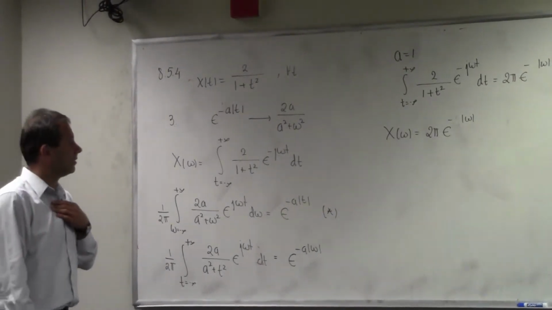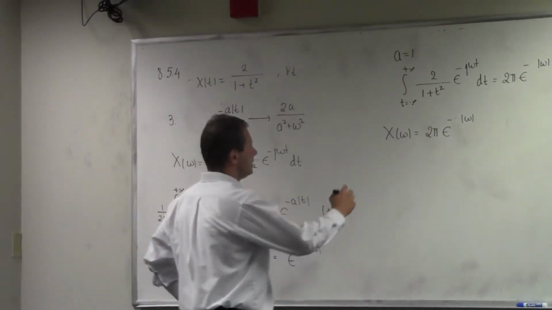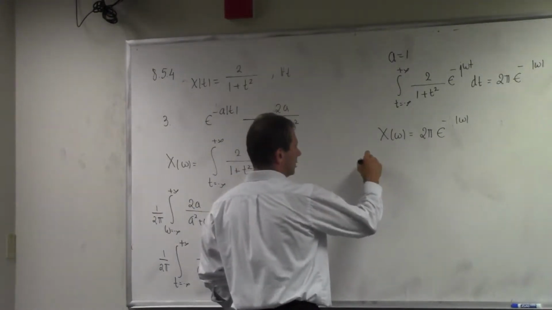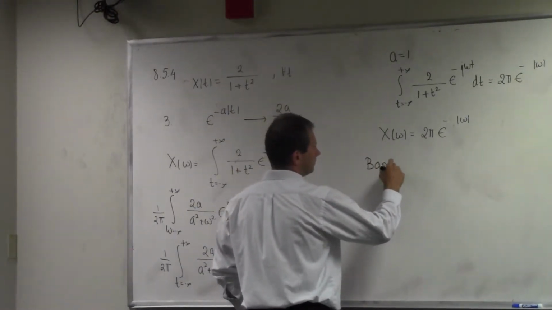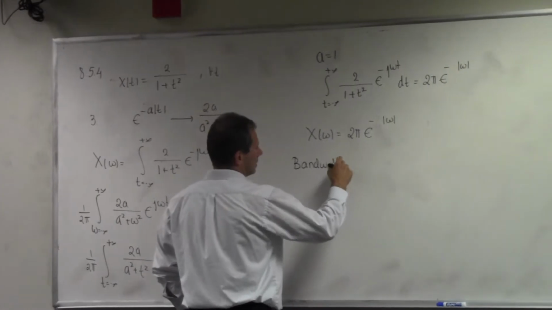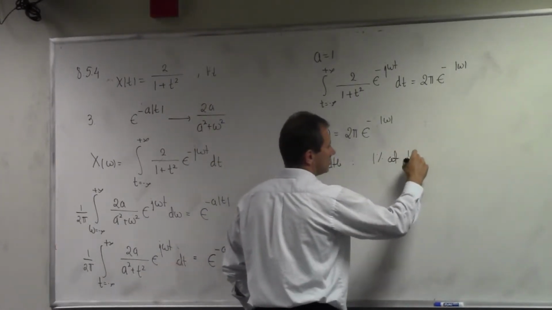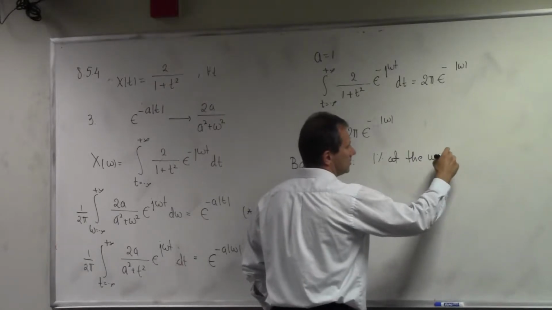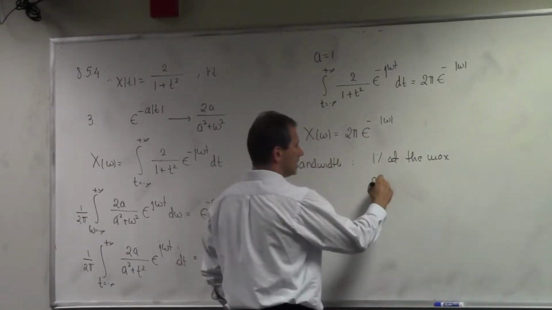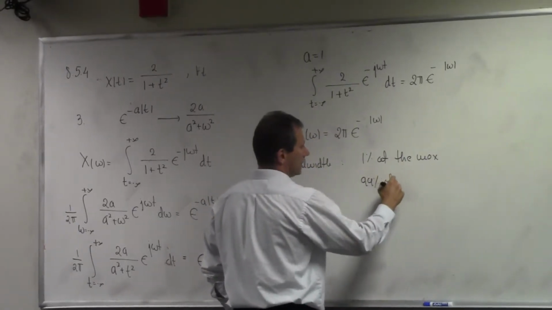Now they ask, what is the bandwidth? And they give us two criteria. The first one is 1% of the maximum, which is an easy one. The second one is 99% of the energy.